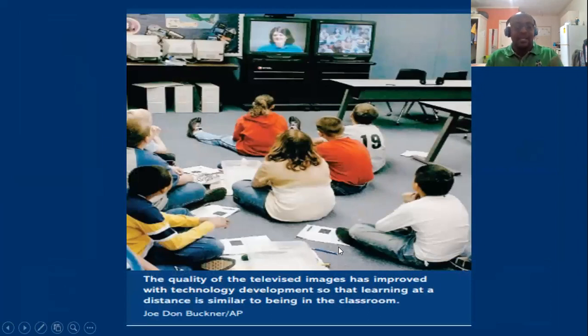You can see here also that the quality of the televised images has improved with technology development, so that learning at a distance is similar to being in the classroom. And you can see here that the students are seated alone, and then there are two screens.